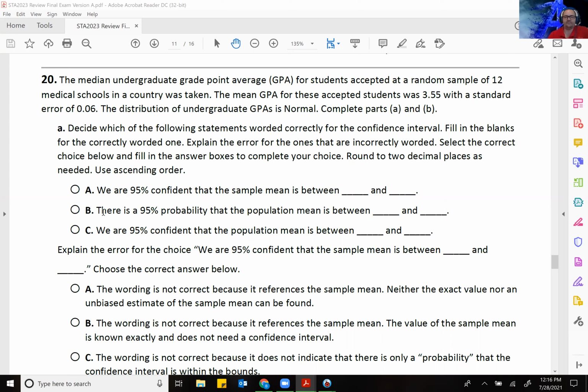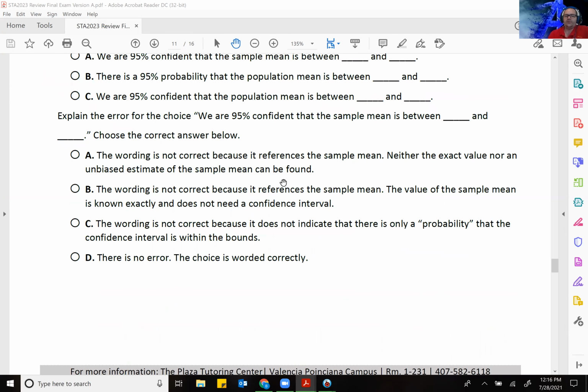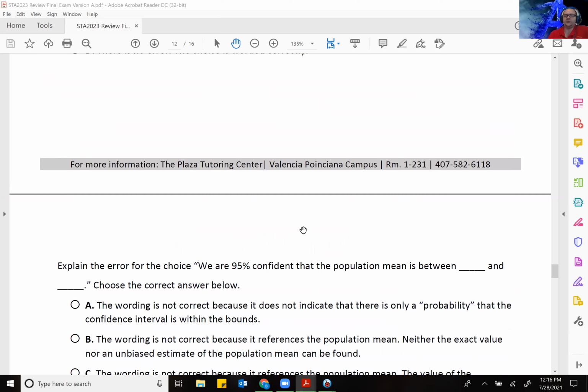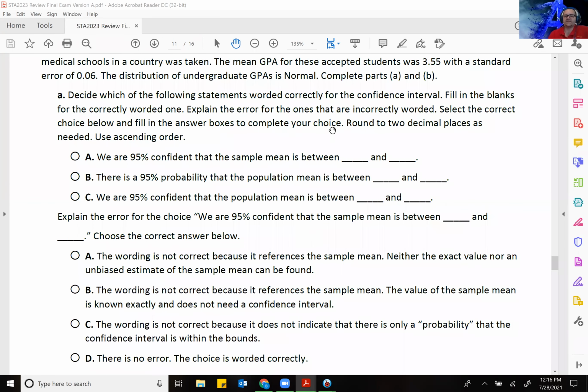Okay, I see what they did. Sorry, I'm not the one that created this, but I see what was done. So there are 2 parts to part A. We're going to find the correct one, select it, and fill in the blanks. And then after that, we're going to explain the error in the ones that are incorrect. Round to 2 decimal places when needed.